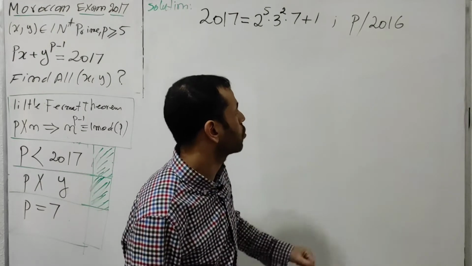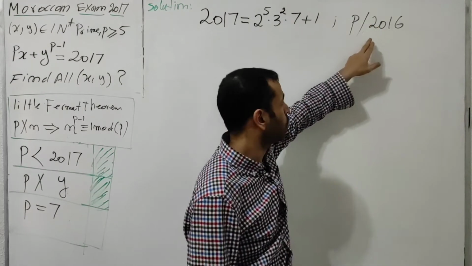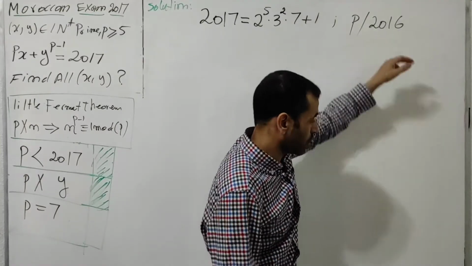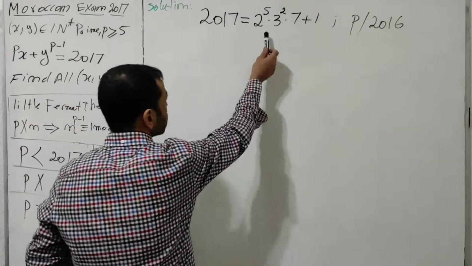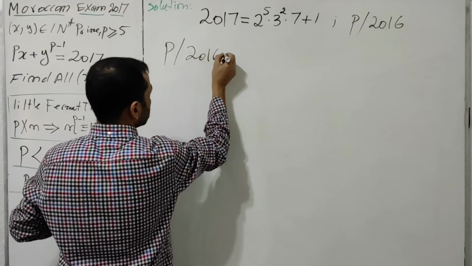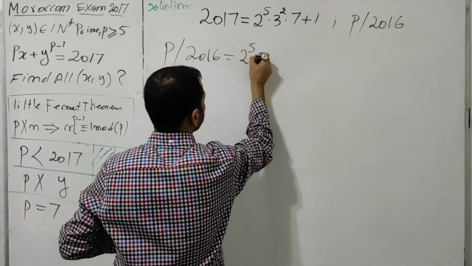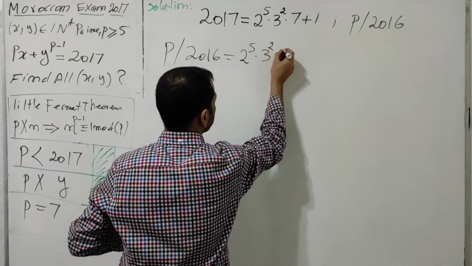In the last board, we were working on the divisibility statement and came up with this result. We found p divides 2017. By using this fact, we have p divides 2016, and 2016 equals 2^5 multiplied by 3^2 multiplied by 7.